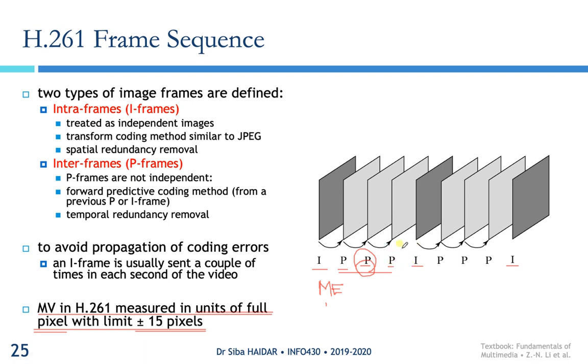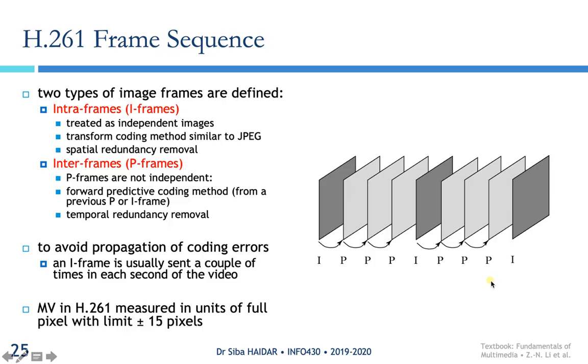But for the I, look here, we don't have an arrow. The I is sent entirely, independently of the previous frames.